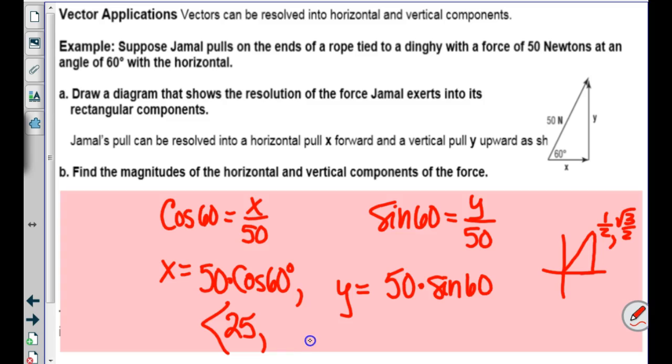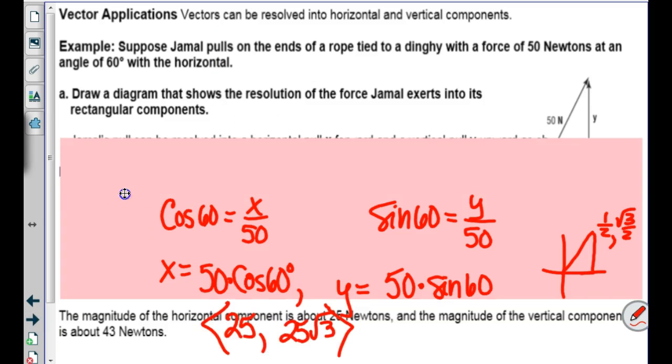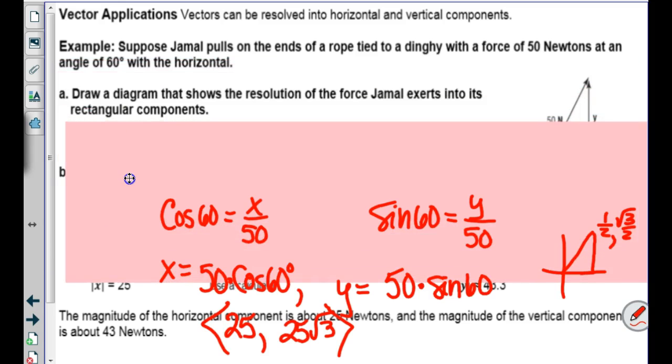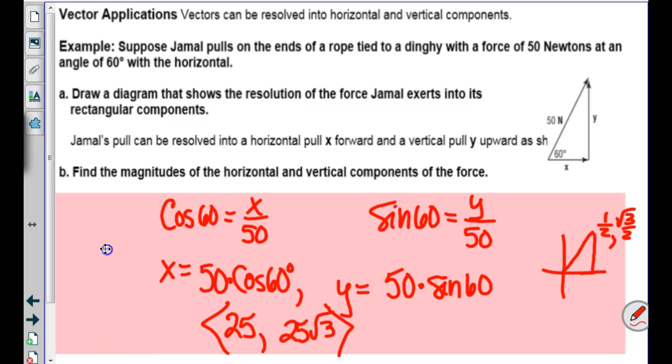So this would be 50 square roots of 3 over 2, or 25 square roots of 3. And I'm good with a decimal. I'm just trying to bring back some of your trig knowledge about the unit circle. What did they have? You have this done on your sheets? They just had the decimals, right? 25 and 43.3. Okay.